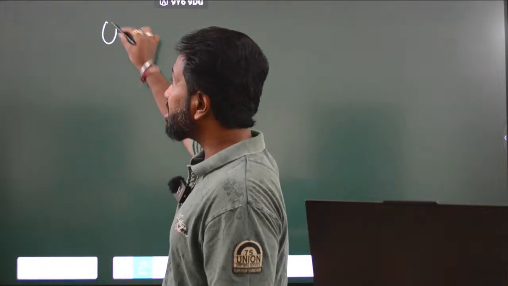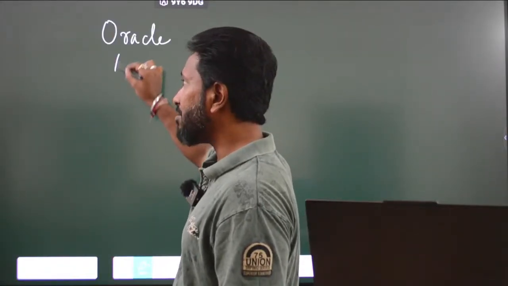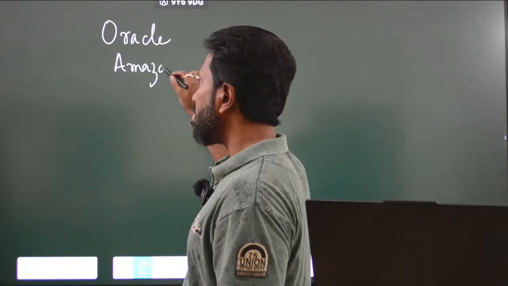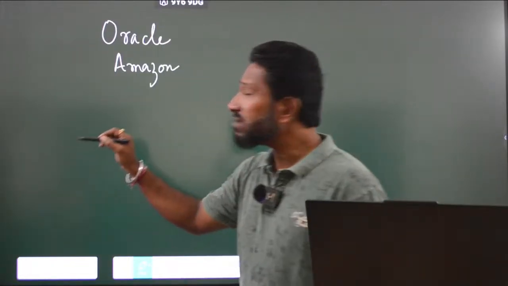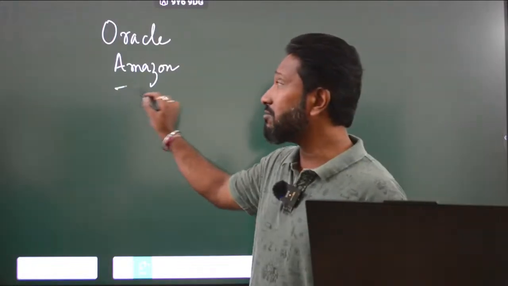See, I am telling you, many companies, recently Oracle has come to a college, and also Amazon has come to a college, and there are other companies like TCS and Accenture which always come to the colleges.